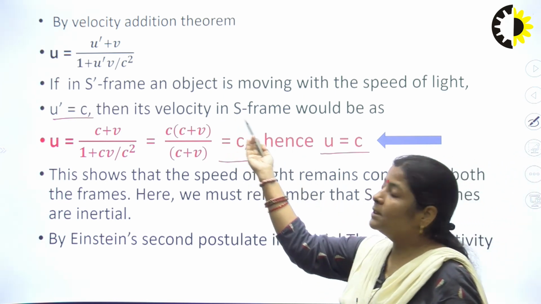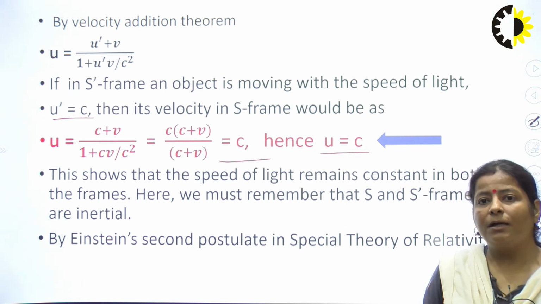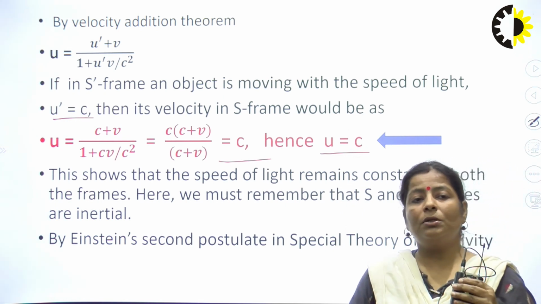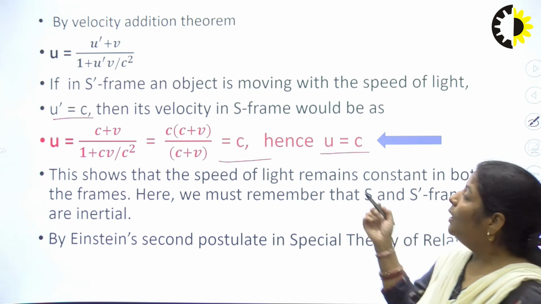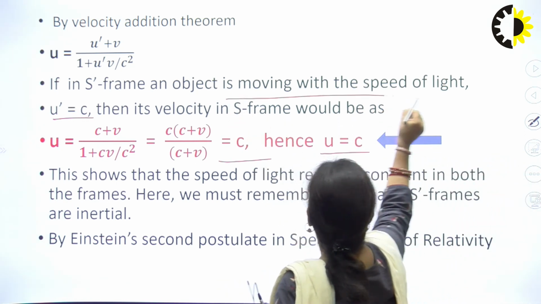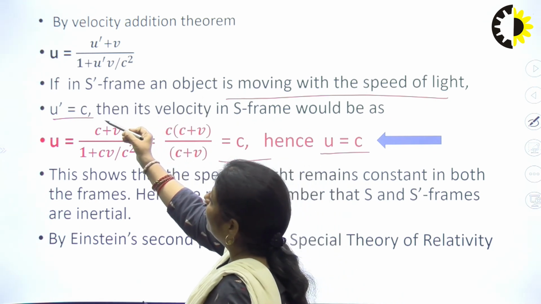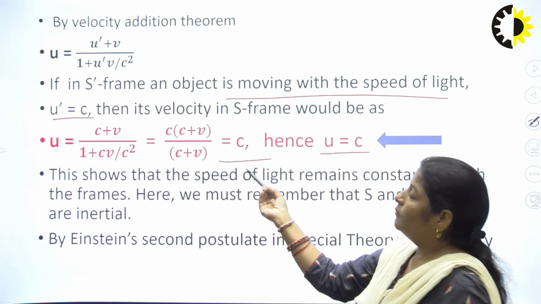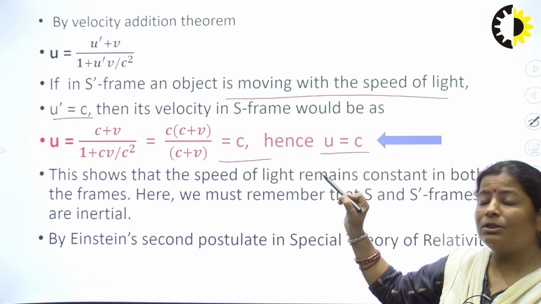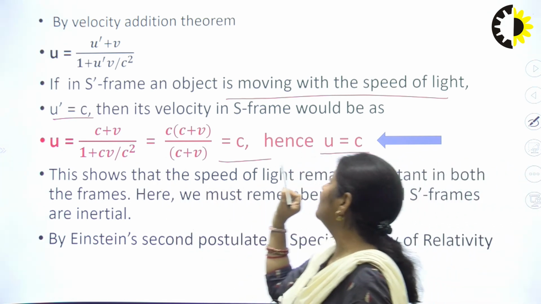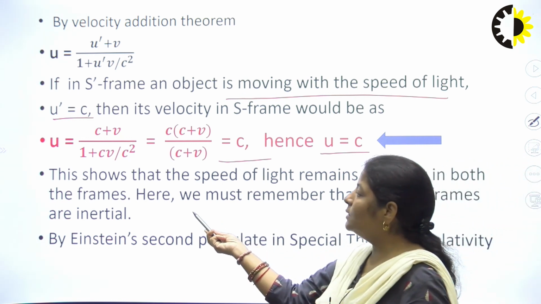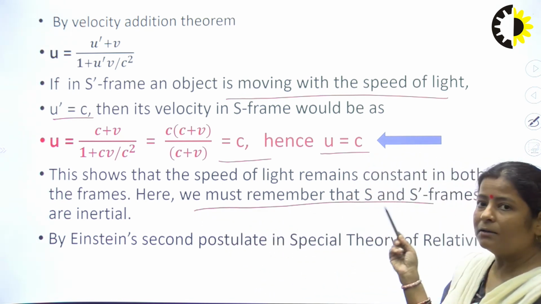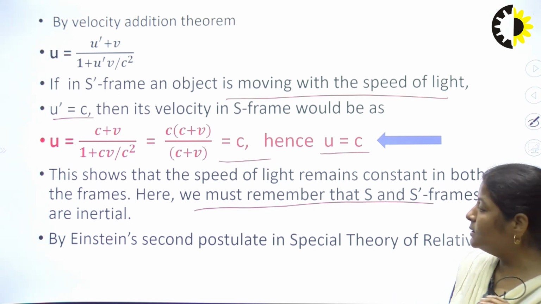If an object is moving with the velocity of light, we expect that it should have the same velocity whatever changes. So the object is moving with the velocity of light in the S dash frame. If we use the velocity addition theorem, we are getting the same velocity for the S frame.